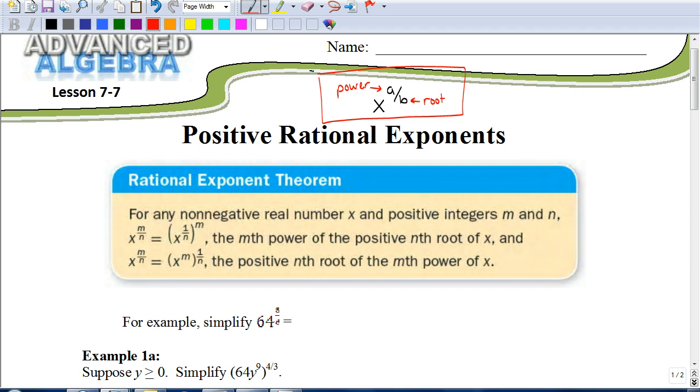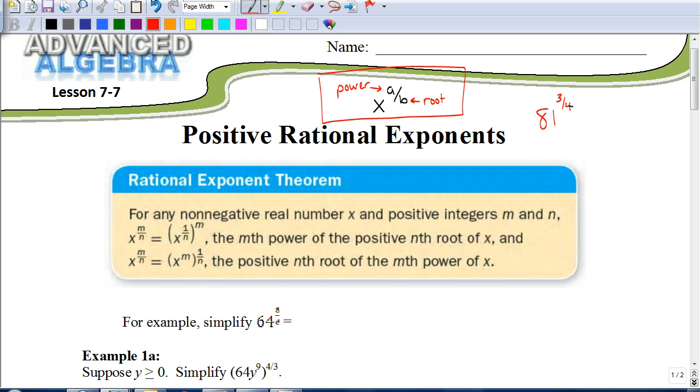So in the previous lesson, we talked about roots, and that if I have something like 81 to the 1/2 power, it's the same as the square root of 81. Well, what if we had a problem like 81 to the 3/4 power?